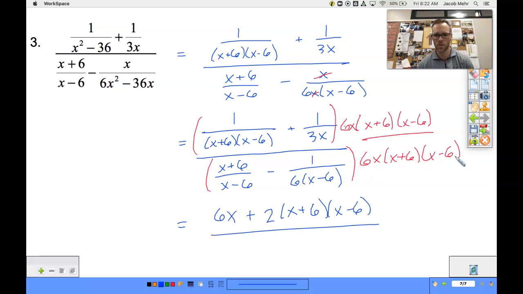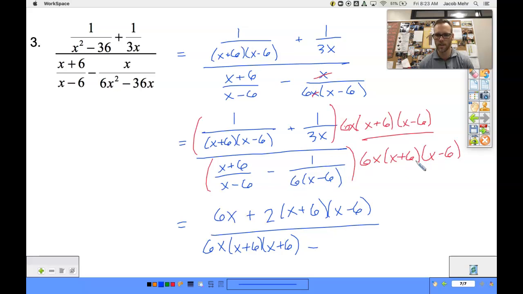Over. Distribute this to that term. The x minus 6's would cancel. What would be left? Well, we'd still have the 6x. We'd have this x plus 6 along with that x plus 6. Minus, now let's multiply this into that fraction. The 6's cancel.